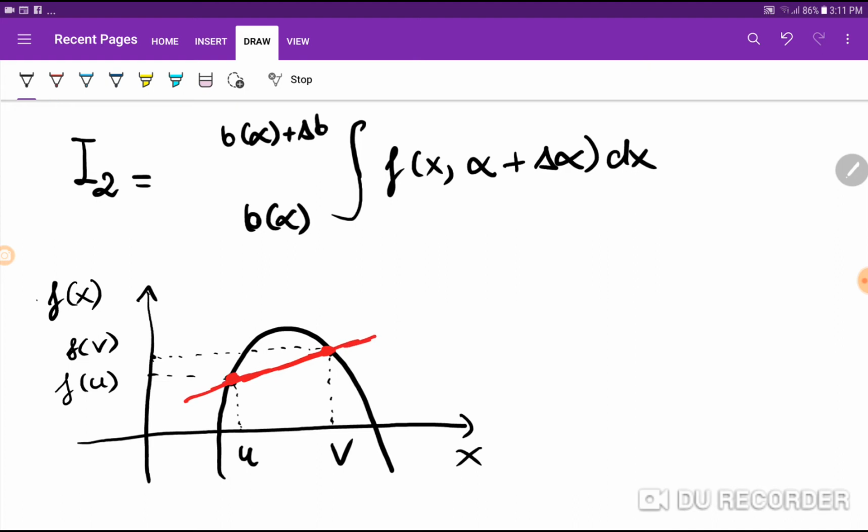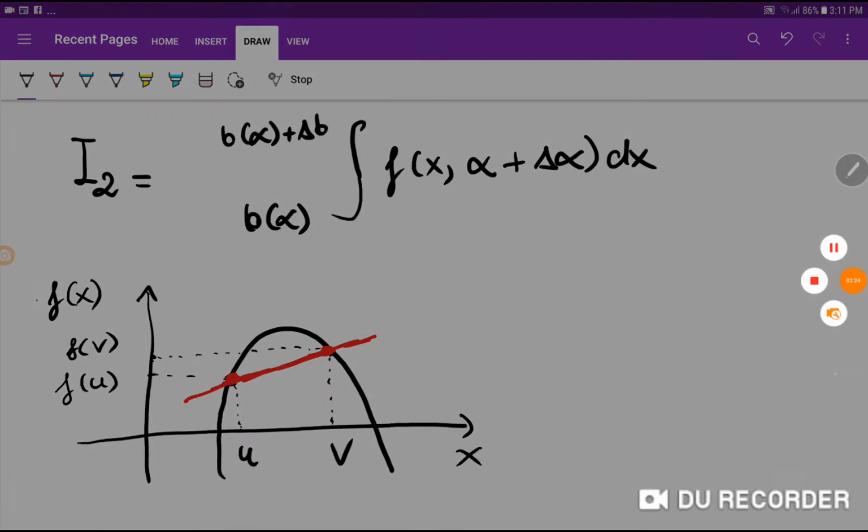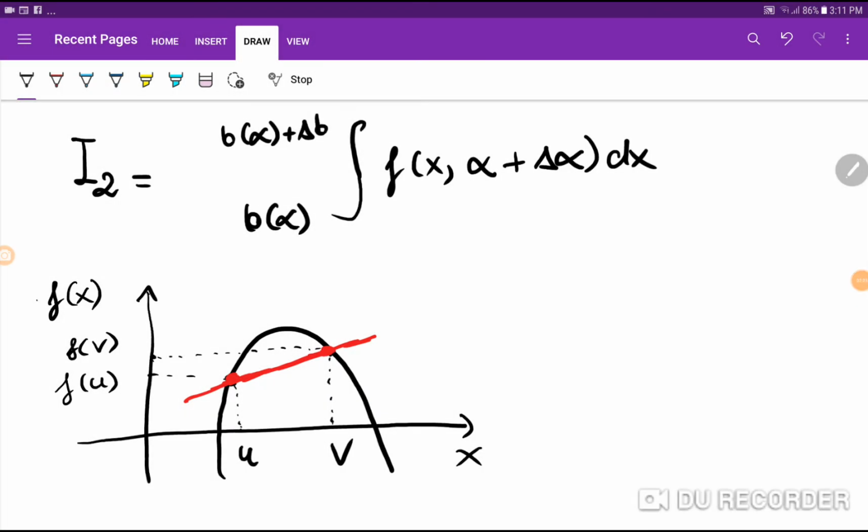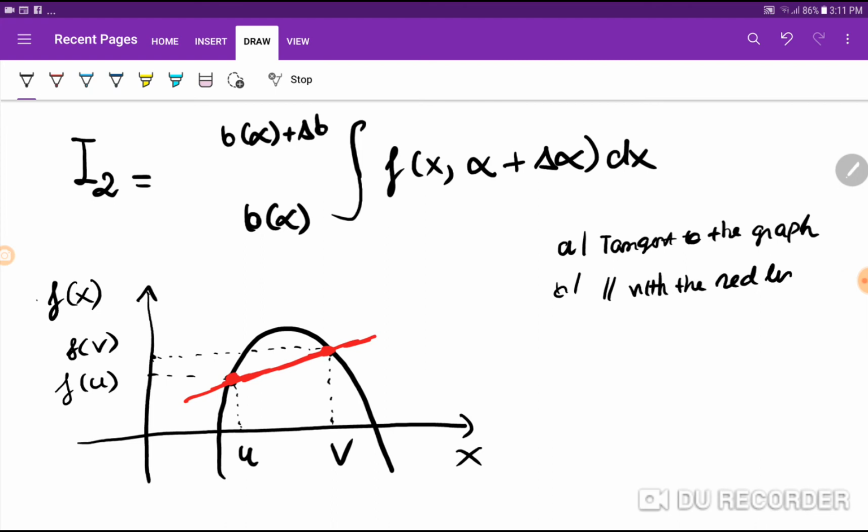The fundamental theorem of calculus says that you can always find a line that is tangent to the graph and parallel with the red line.